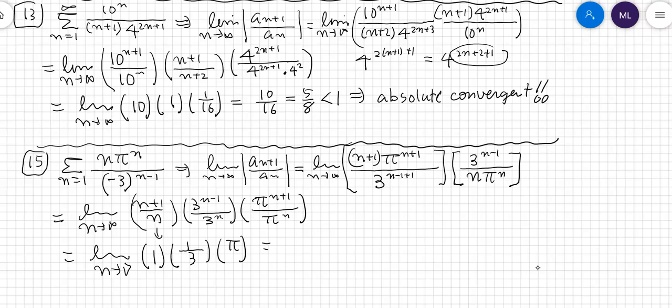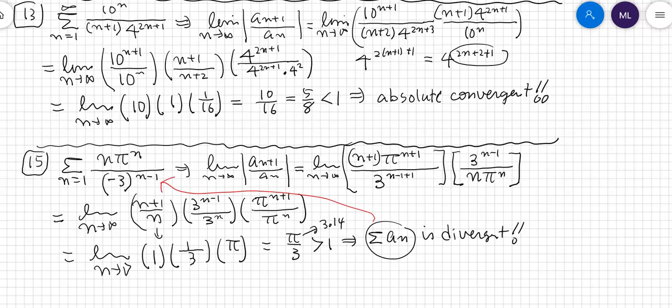So this is pi over 3, which is 3.14 over 3, bigger than 1. So that means the series is divergent. What is the series? This one I'm talking about.